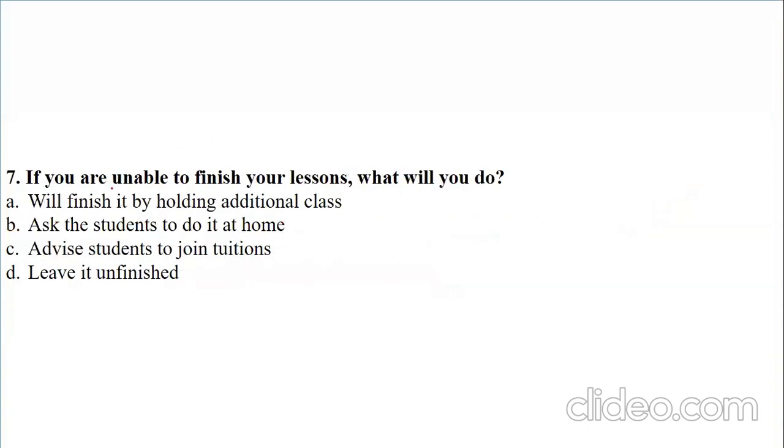Now the next one. Many times a teacher is not able to complete the syllabus within the given deadline, so what will the teacher do? The teacher will finish it by holding additional classes, ask the students to do it at home, advise the students to join tuitions, or leave it unfinished.